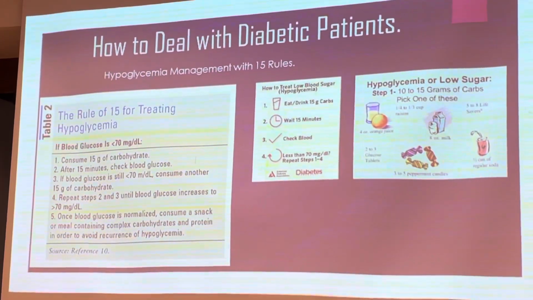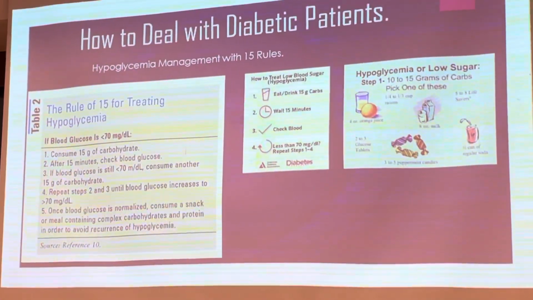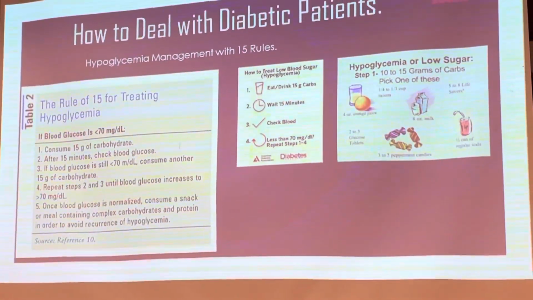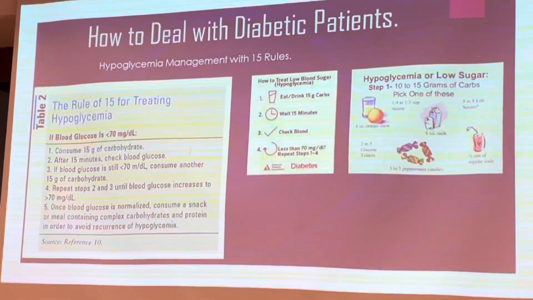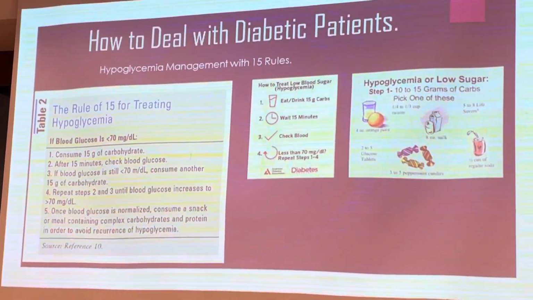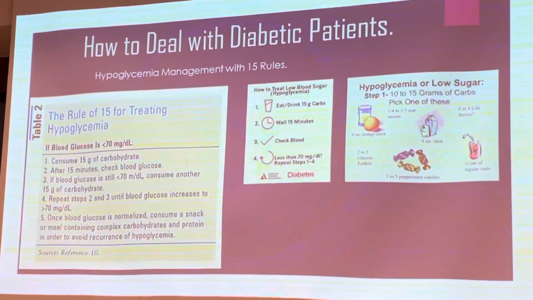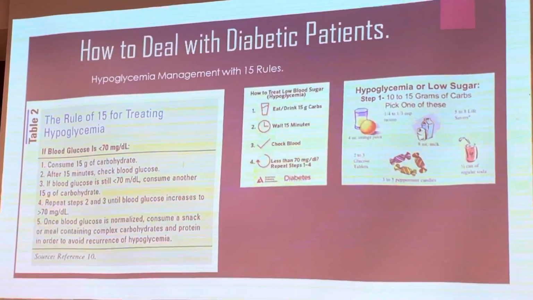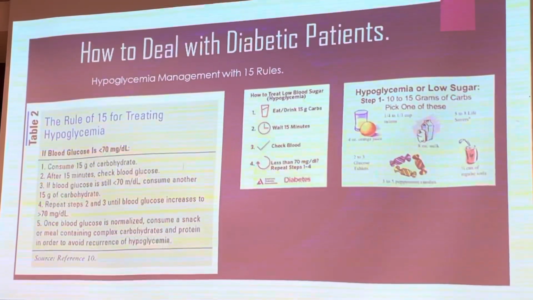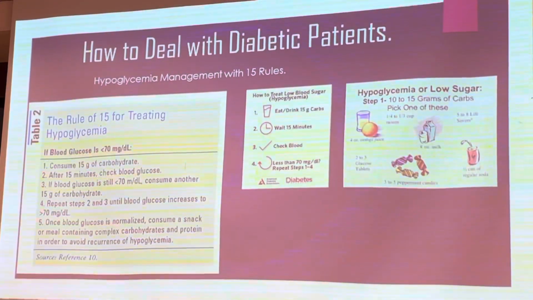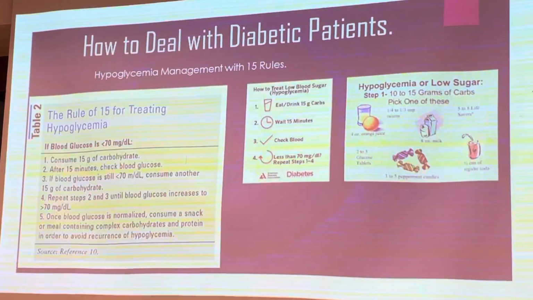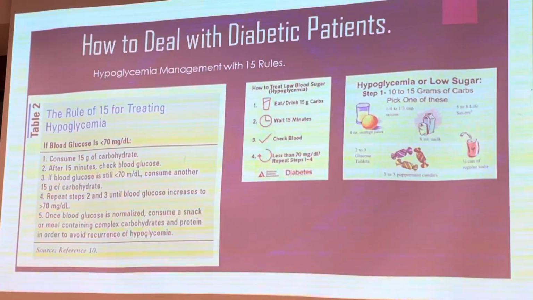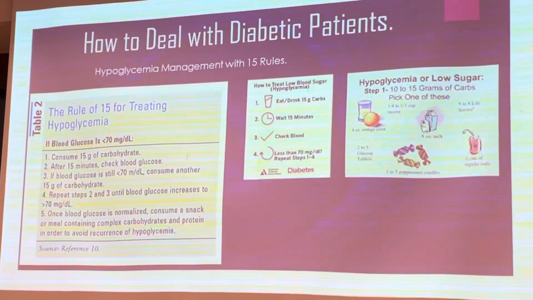This is what we teach the patient: when the patient feels symptoms of hypoglycemia, like shivering, sweating, peripheral vision changes, hunger, or any signs of hypoglycemia, immediately, before you check the blood sugar, you give 15 grams of simple carbohydrates or simple sugar. Like what? Like half a cup of juice or half a cup of water with 3 spoons of sugar, and you let the patient drink. After 15 minutes, you check the CBS.